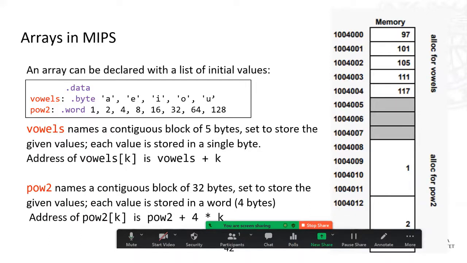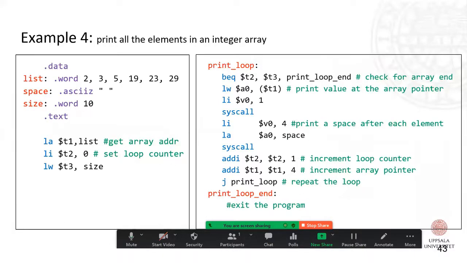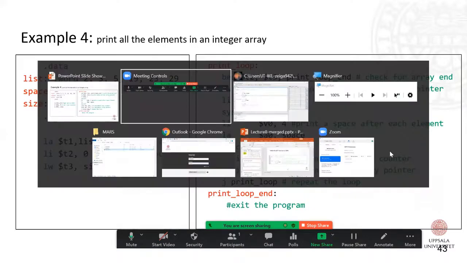In your assignment, you are going to work with arrays, but it is actually simpler than what I have taught you here. I just wanted you to have the intuition about how memory management works for storing arrays on MIPS memory. So now let's see another example.